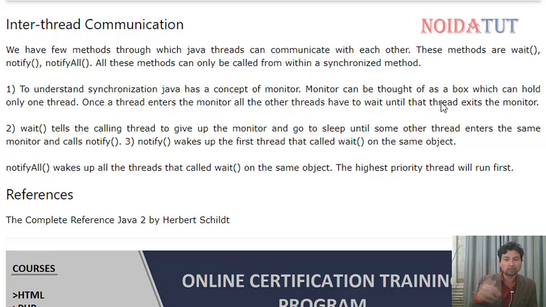To understand synchronization, Java has a concept of monitor. A monitor can be thought of as a box which can hold only one thread. Once a thread enters the monitor, all the other threads have to wait until that thread exits the monitor.